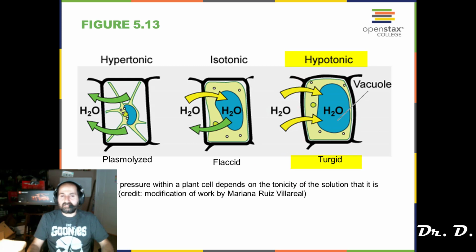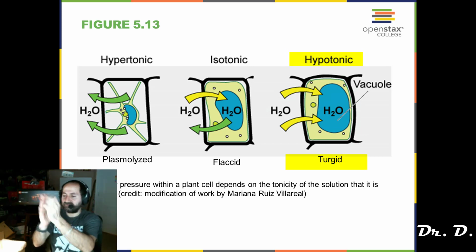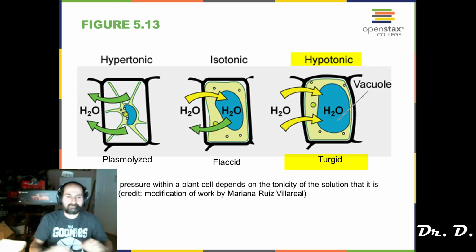And do you remember that not only do plant cells have a cell wall, which in this case is drawn black here, but we also have a plasma membrane. You see this thin green line they drew under the black cell wall? That thin green line represents the plasma membrane of the cell, and that plasma membrane is pushed really firm right up against the cell wall.